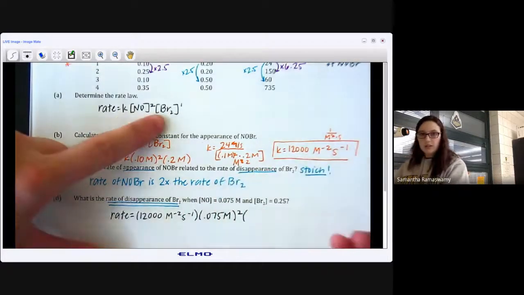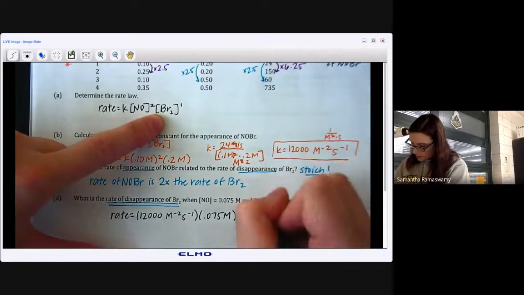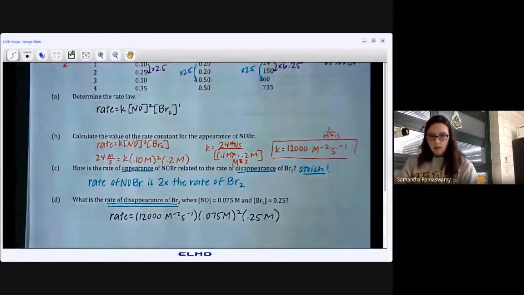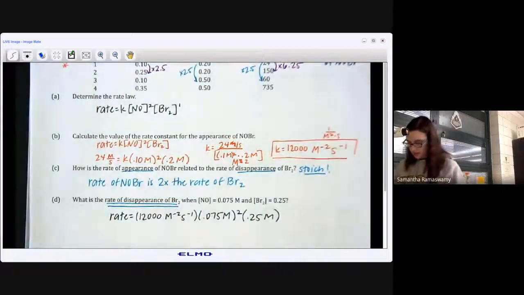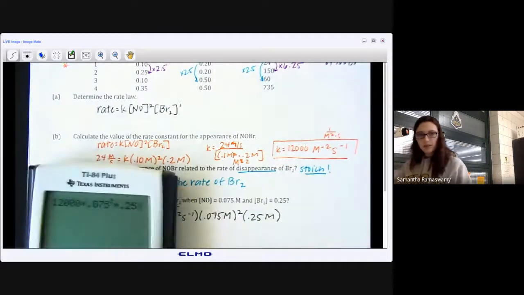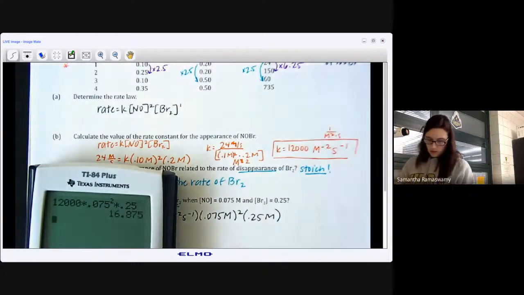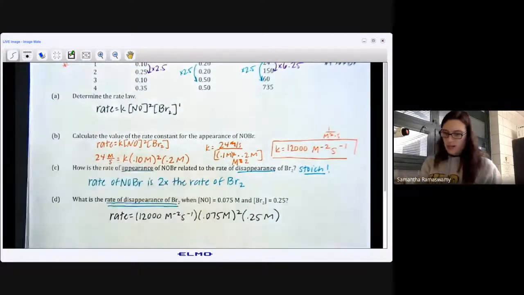Times the concentration of Br2, which is 0.25. So let's plug this into the calculator. 12,000 times 0.075 squared times 0.25. Here's what it looks like in my calculator. So I get 16.875.